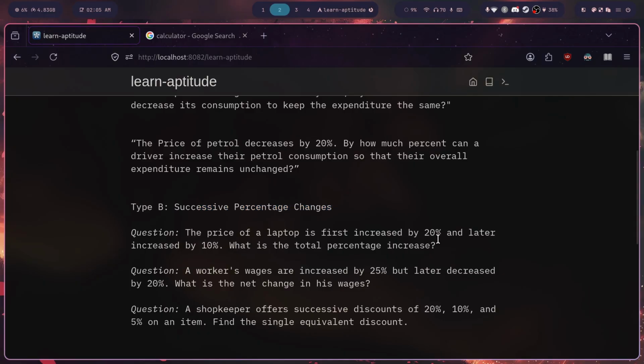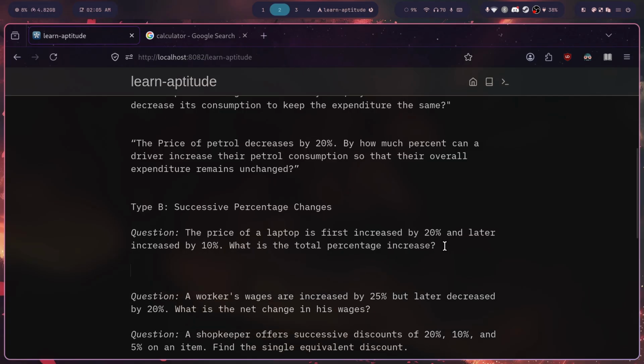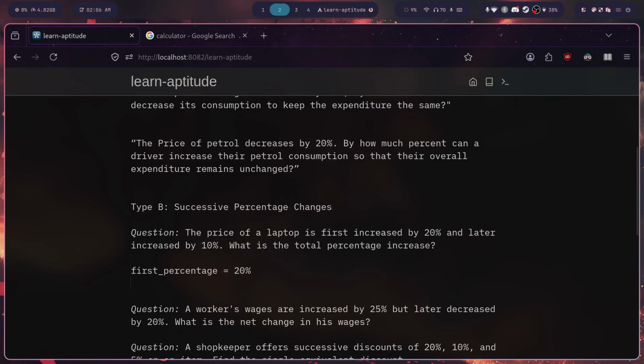The first question is: the price of a laptop is first increased by 20% and later increased by 10%. So you can see you are getting two values: the first percentage equal to 20% and the second percentage equal to 10%.